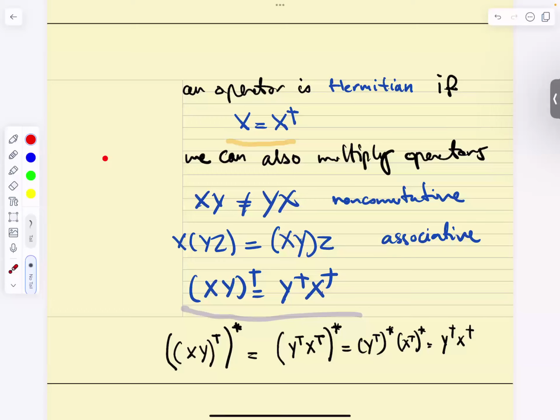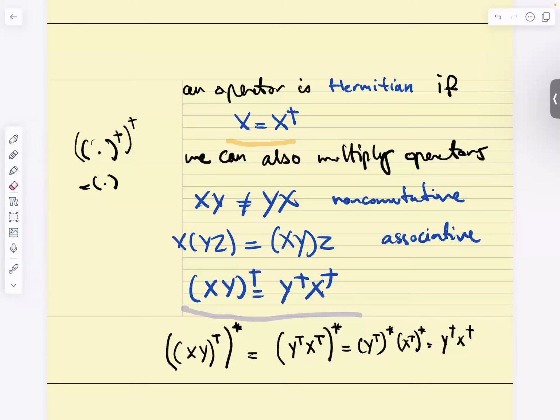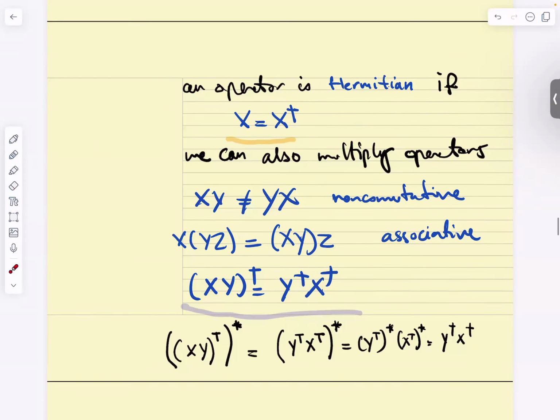What is the operation adjoint of an adjoint? It doesn't matter, ket or bra. Anyone? It's identity. This already tells you that every matrix, whether it's a row, vector, column, whatever, will have a transpose, dagger. Just follow the definition. Any other questions?